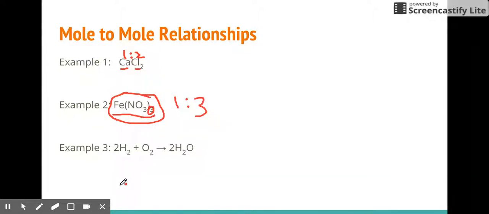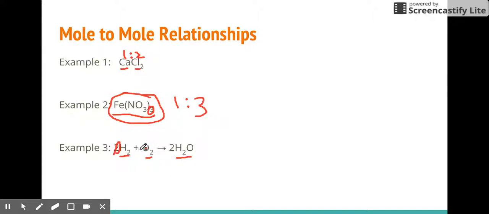Now, I can also take it to a larger scale. When I'm looking at balanced equations, I can understand the multiple relationship between hydrogen and oxygen, or oxygen and water, or even water and hydrogen here. So where I'm looking at for my multiple relationships within an equation are these coefficients right here.